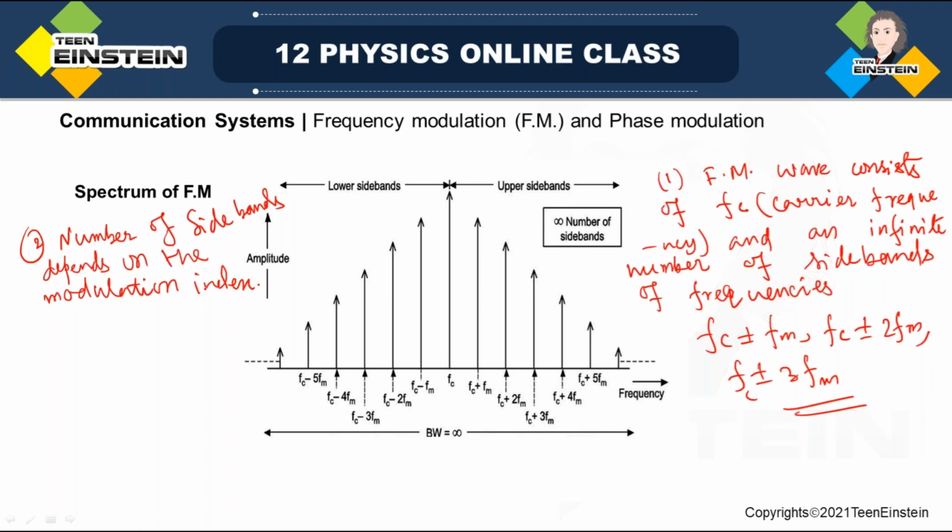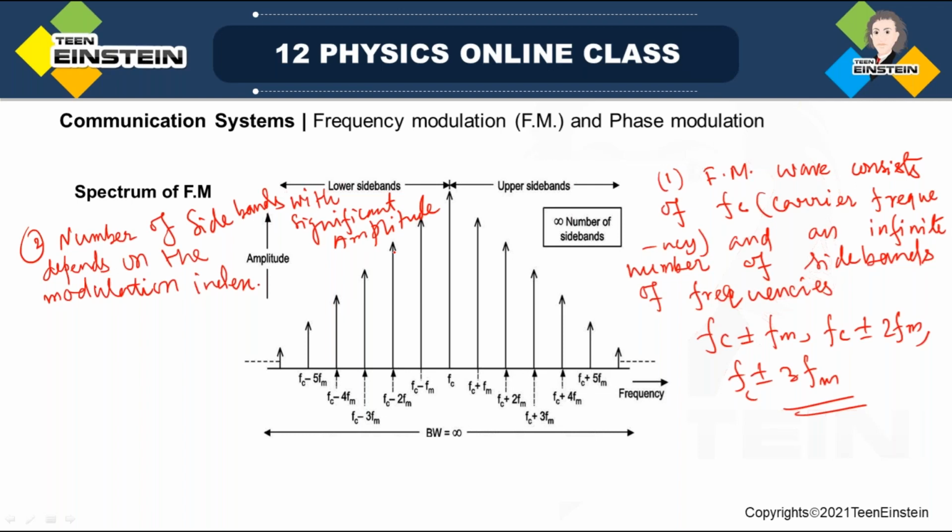If the index increases, then this number, okay, number of sidebands with significant amplitude increases.